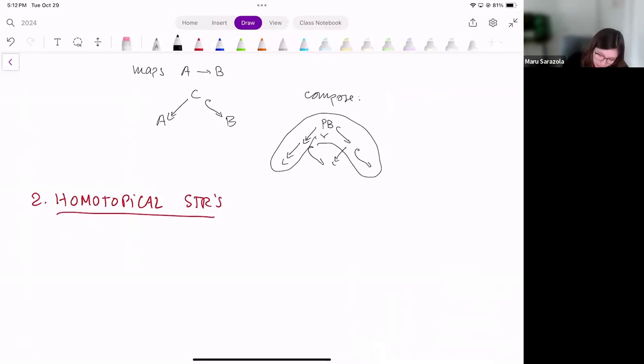So formally, what I mean when I say this is I mean Waldhausen categories. But these are not super well known outside of K-theory.